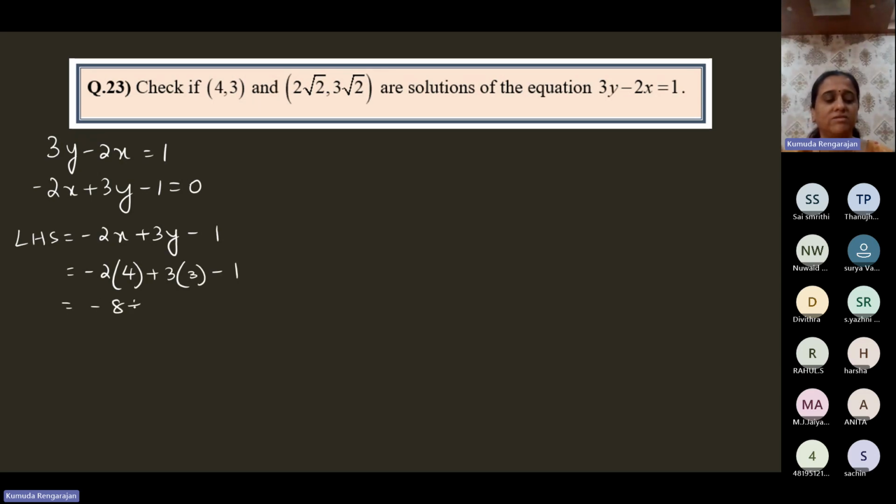So minus 8 plus 9 minus 1. Minus 8 plus 9 is 1, 1 minus 1 is 0, which is the RHS. Therefore, (4, 3) is a solution.